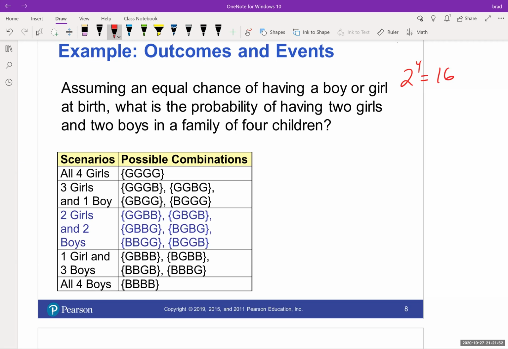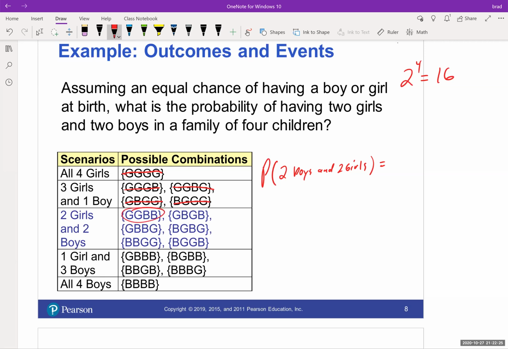All right. And now what we're looking for is the probability of 2 girls and 2 boys. So we're going to look for all the situations that have an equal amount of boys and girls. So this one's out, this one's out, this one's out, this one's out, and this one's out, right?